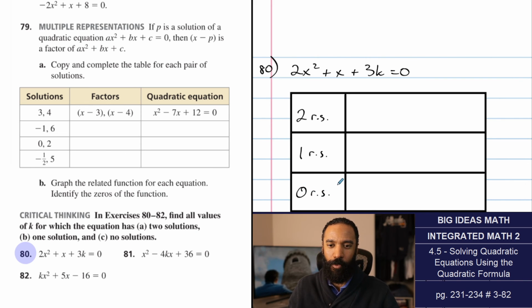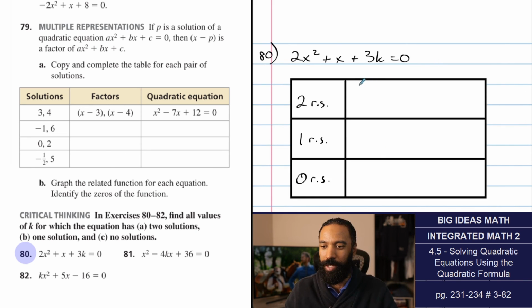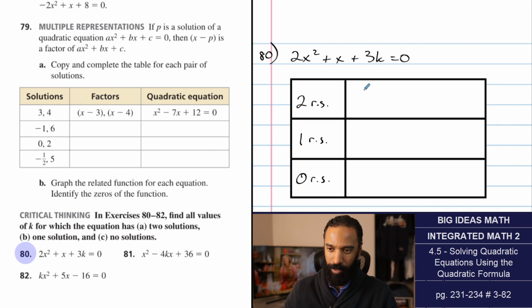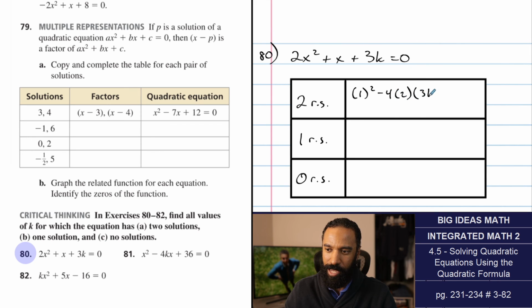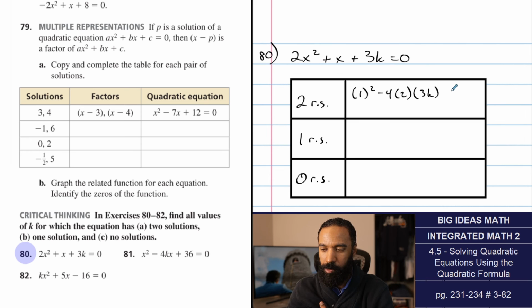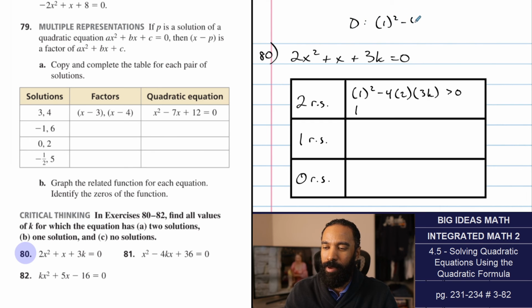And I think once I do the work for one of them, it takes care of the work for the others, right? But we're going to be doing the discriminant. It's all about b squared minus 4ac. In this case, your c is 3k. Now, this needs to be greater than 0. Why don't I do it up here? The discriminant is b squared minus 4ac.